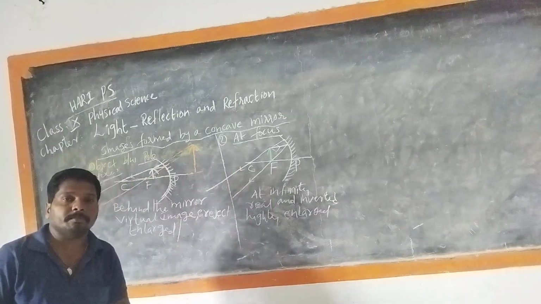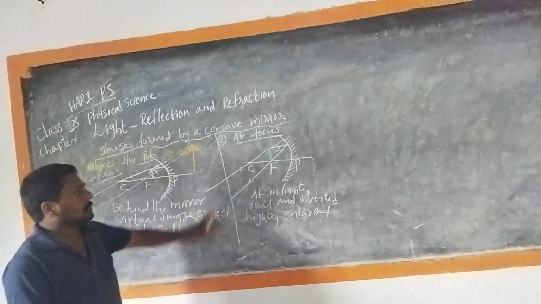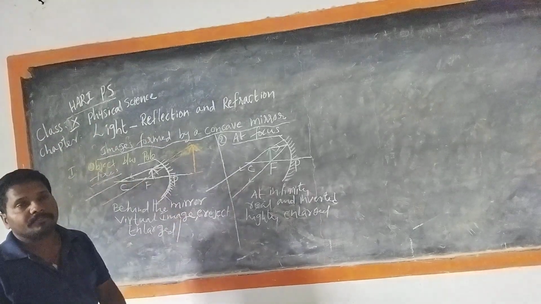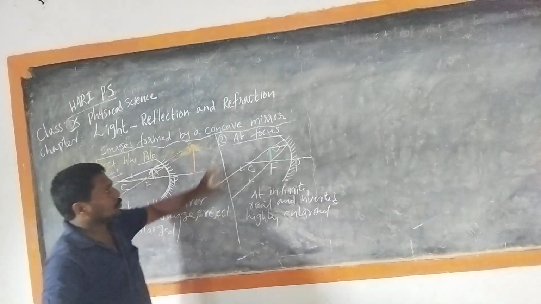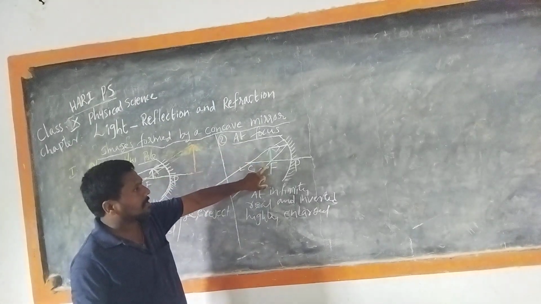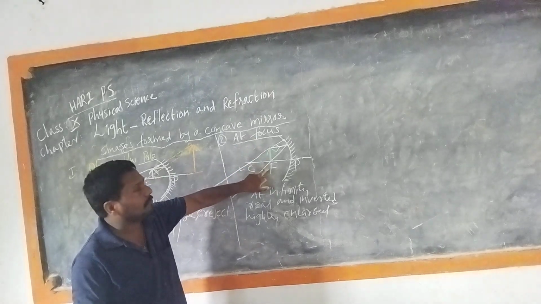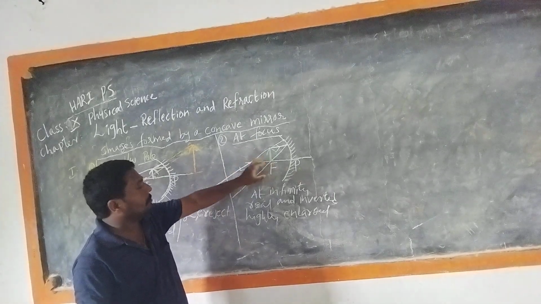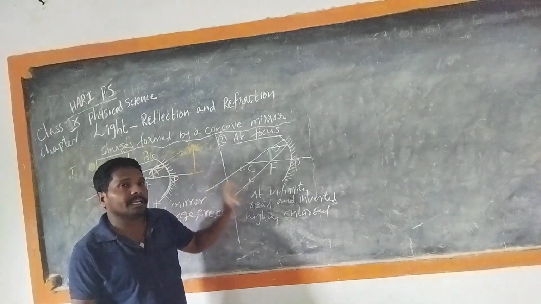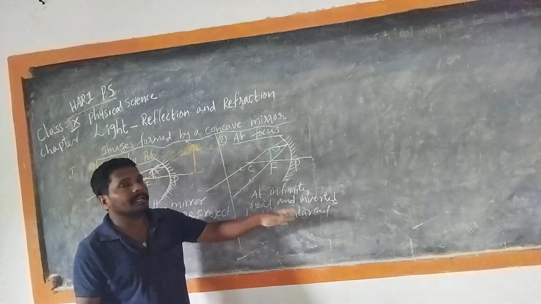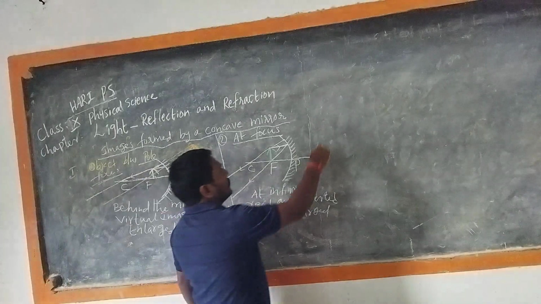Highly enlarged image, bigger size image is formed. So, if the object is placed at focus, the image is formed at infinity. The characteristics are: real and inverted image, highly enlarged image.